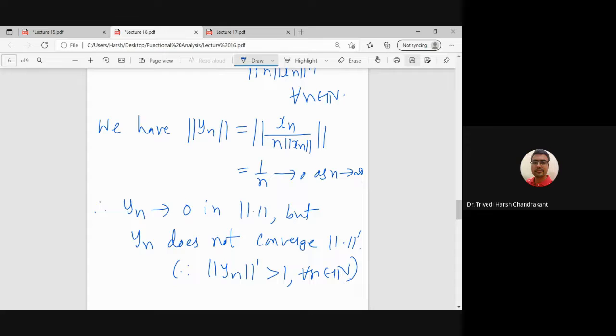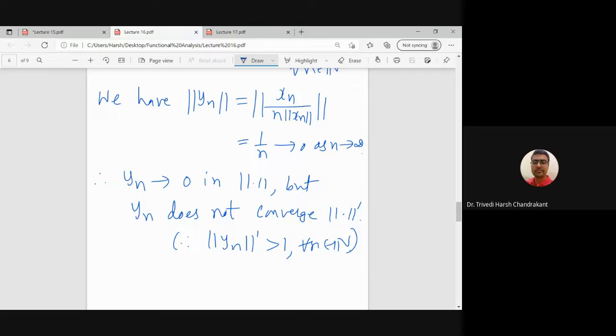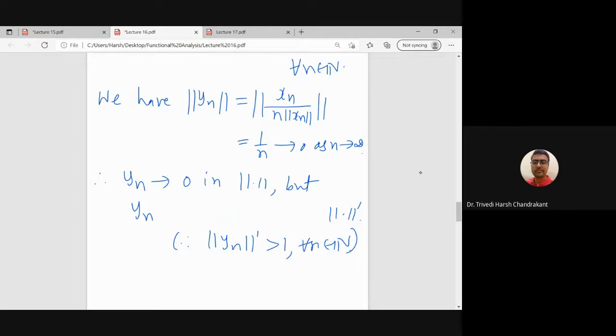So yn converges to 0 in the first norm, but yn does not converge to 0 in the dash norm. In the second norm, yn does not converge to 0.